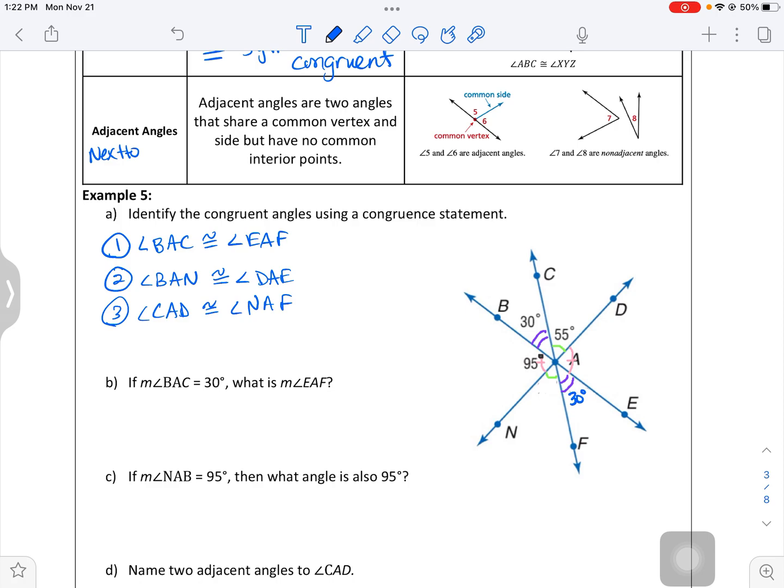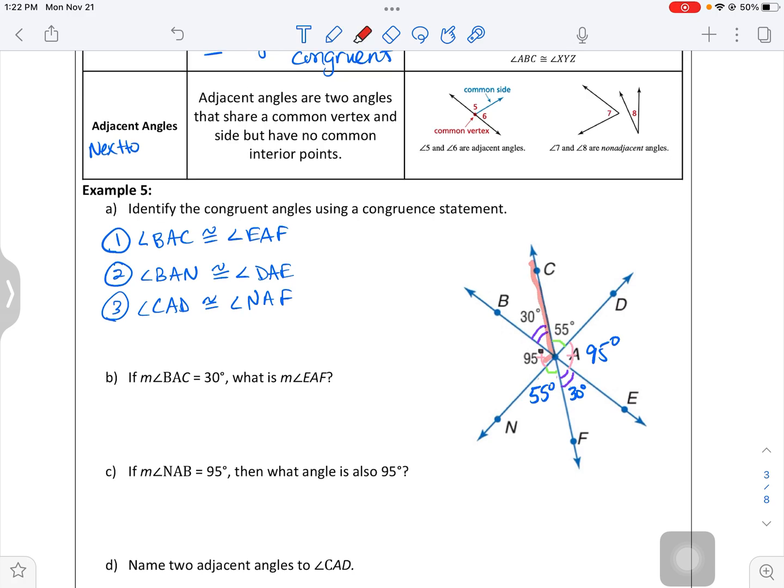There are some other ones as well. So we know this one's 95 degrees and this one's 55 degrees. Now if you look at it in a bigger picture, CAN is this all put together. And that equals 125 degrees because 95 and 30 is 125. But if you notice, these two angles also are the 95 and the 30 put together. So these angles are also going to be congruent to each other.